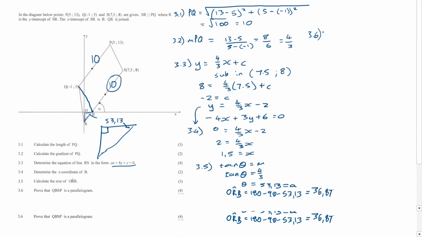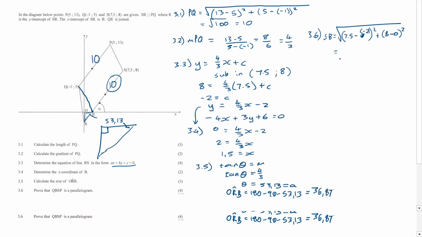And so I'm going to work out the distance of SB. And the distance of SB would be the change in x. So 7.5 minus B would be 0. Sorry, it will be minus 2 squared plus the change in y, which is 8 minus 0 squared.